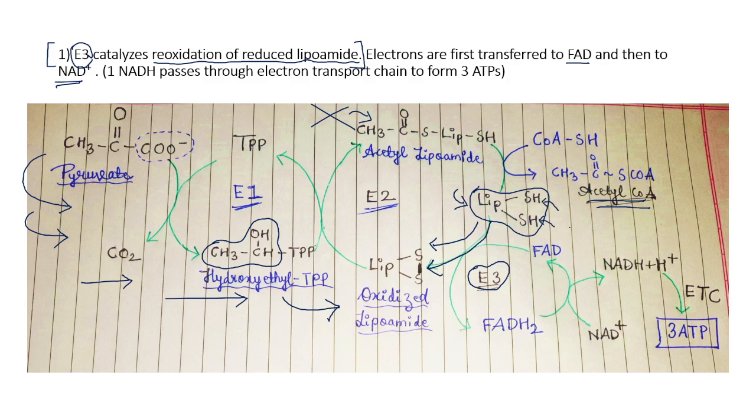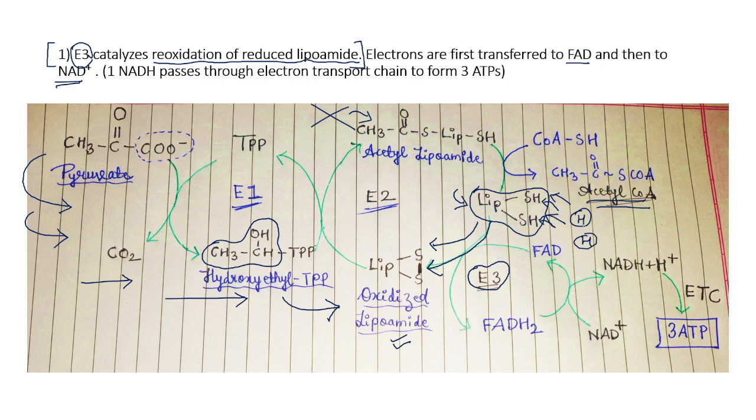That's why this is known as the reduced state. So if this reduced state has to be converted into the oxidized state, what should be done? We have to remove these hydrogen atoms from this reduced lipoamide. We need to remove the hydrogen atoms.